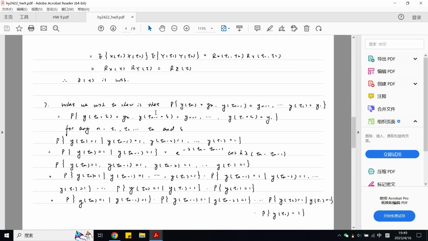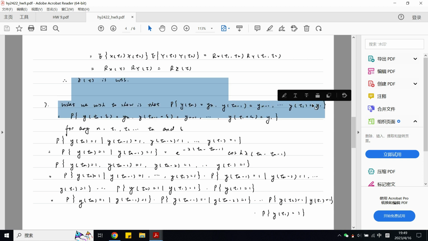So after that, we can see that the random telegraph signal is a strict-sense stationary process.